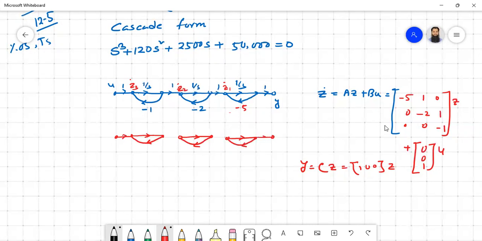This time your output is Y hat, and your states will be correspondingly Z1 hat, Z2 hat. So this is how it should look.